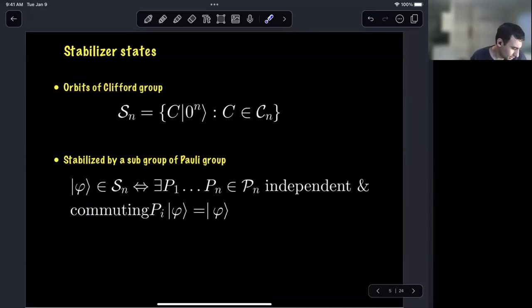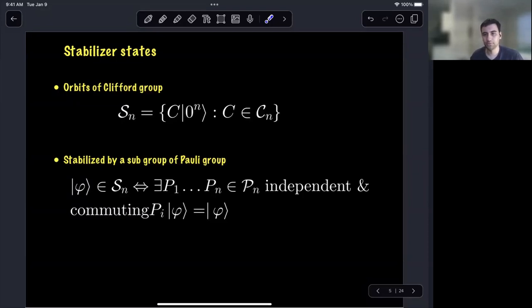The second ingredient is the stabilizer states. Again, we have two equivalent definitions. The first definition again has a circuit flavor.